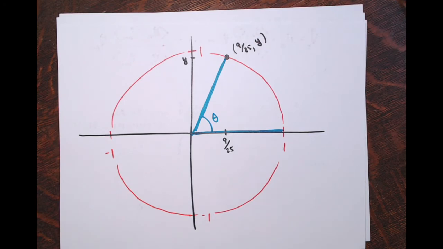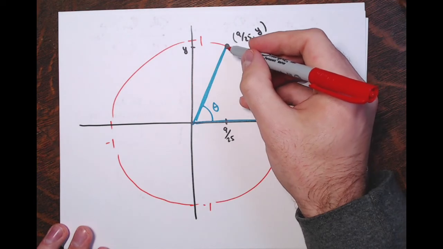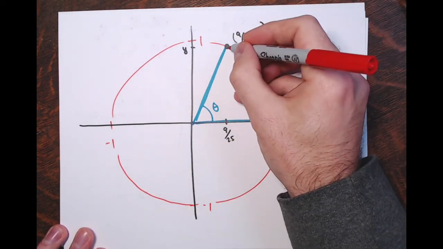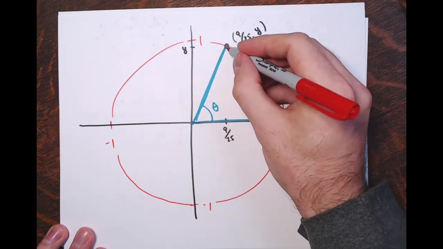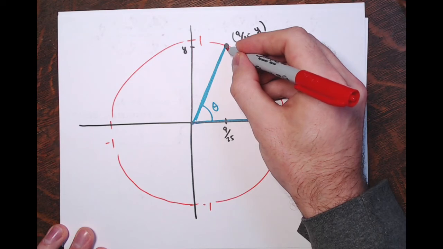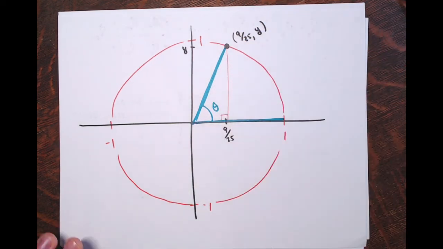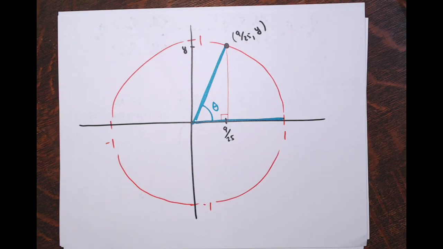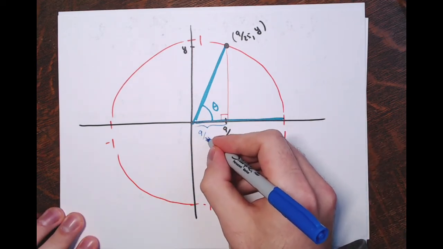Now again, if you'd like, and I mentioned this earlier, I'll be doing this a lot. We can make a little right triangle from this. Take the point on the unit circle, on your terminal side, and just draw a perpendicular segment to the x-axis. And you create a nice little right triangle where this side length is 9/25.